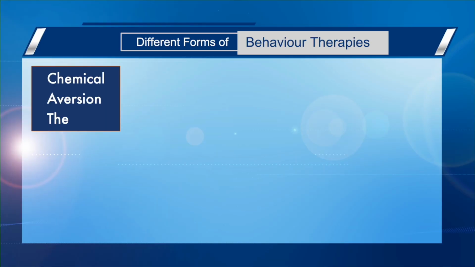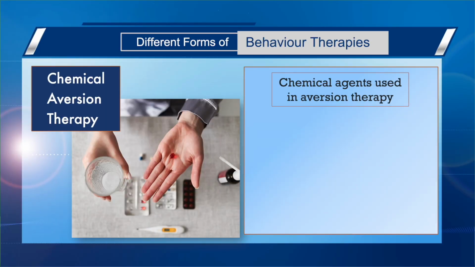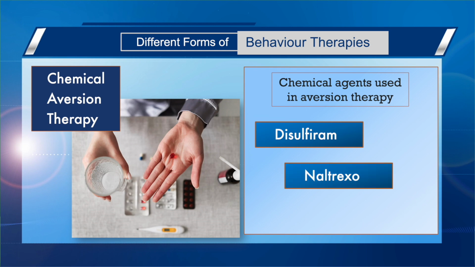So, let us see the other type of aversion therapy, which uses chemical agents. Some of the chemical agents used in aversion therapy are agents for alcohol craving, that is diazepam, naltrexone or acamprosate. These are basically medicines which can be given.